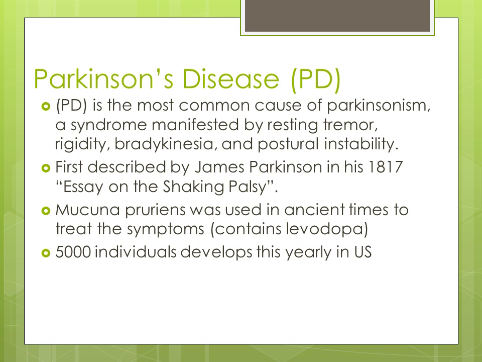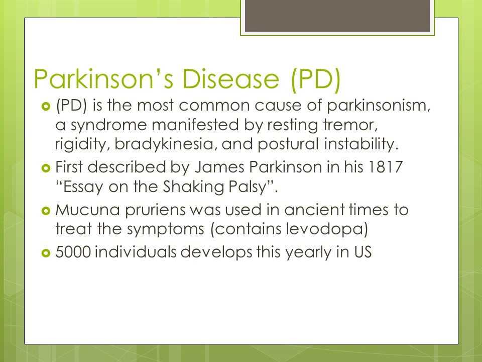Dr. James Parkinson was the first to describe this in 1817 when he wrote an essay on the shaking palsy. And there's an herb called mucuna, which has L-dopa in it, and that was used in ancient times to treat these types of symptoms. So it has levodopa in it, and levodopa is basically the pharmaceutical that they use to treat Parkinson's.